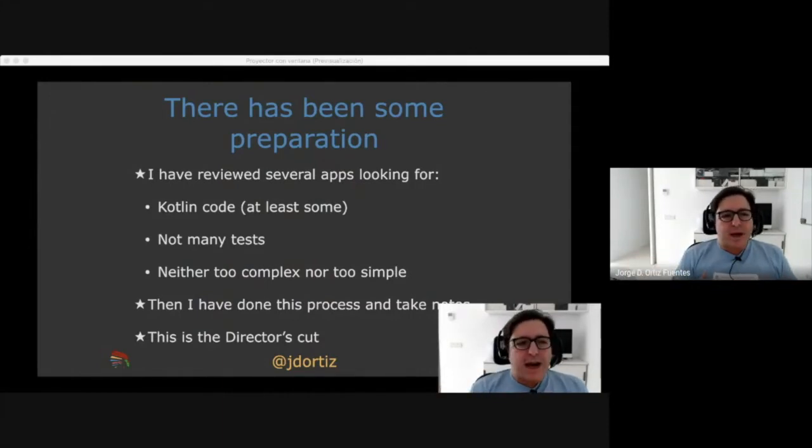The code had a few requirements from my point of view. I wanted it to be Kotlin, at least most of it. In this case, it's all of it. I didn't want it to have a lot of tests because then that spoils the whole purpose of what I'm doing. And I was also interested in having something that was not trivial.